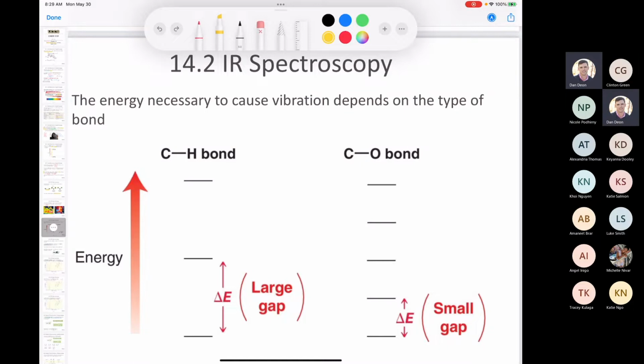But again, I want you to understand that what happens is that you have your bond at some kind of lower stretching frequency, then it absorbs a photon of light with exactly this difference in energy, and then it's going to be promoted to a higher energy level. All right, that's the whole point here. We go from lower energy, so lower energy down here, up to higher energy by absorbing infrared light.